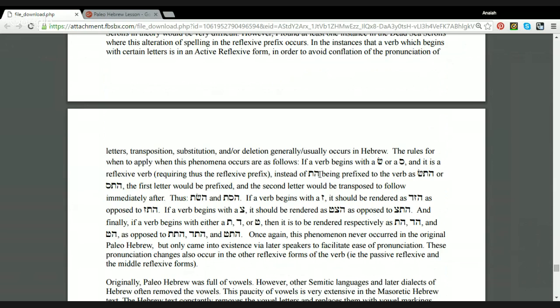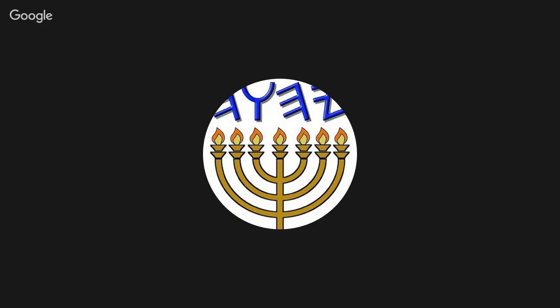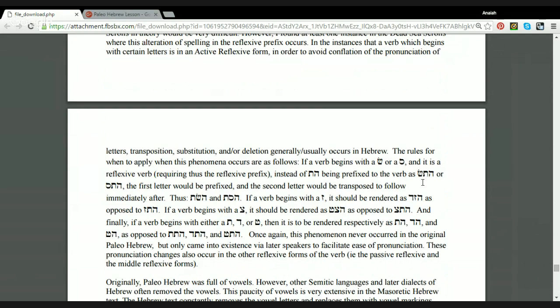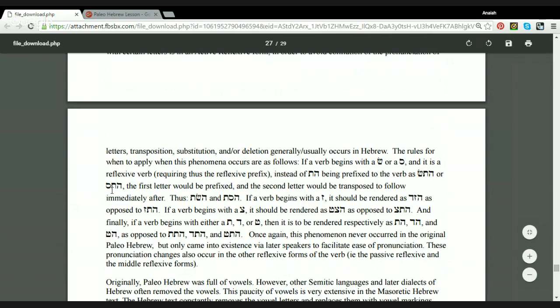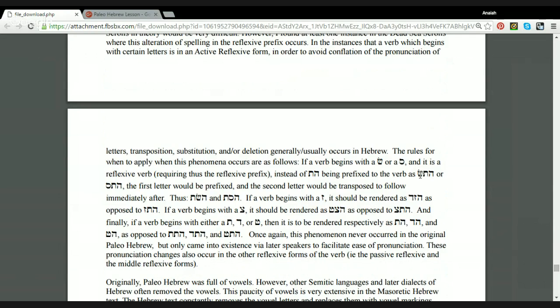Okay, so instead of et being prefixed as ets or etch, it changes. So when you have a word like, let's say, Sabbath, et Sabbath. Basically it means rest yourself.